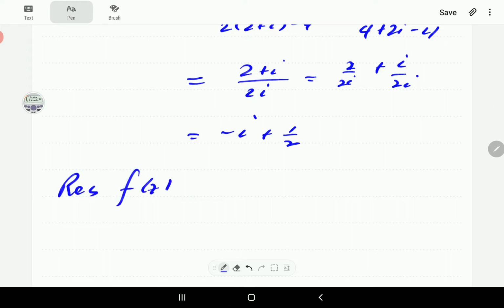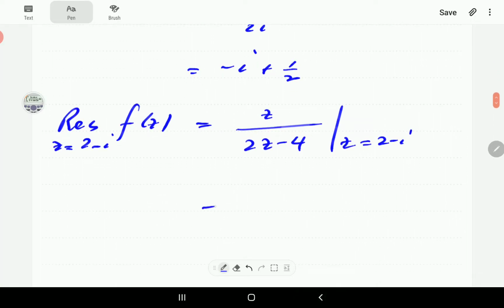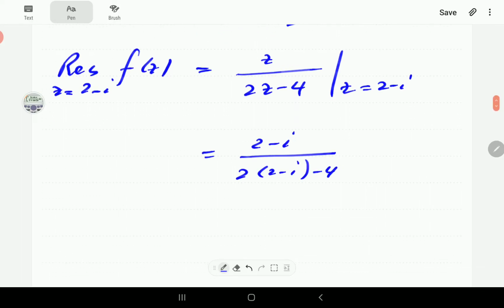And then the residue at 2 minus i, which is the complex conjugate of 2 plus i, in a similar manner, we plug in 2 minus i this time. So 2 minus i in the numerator, 2 times 2 minus i minus 4, so 2 minus i all over 4 minus 2i minus 4.